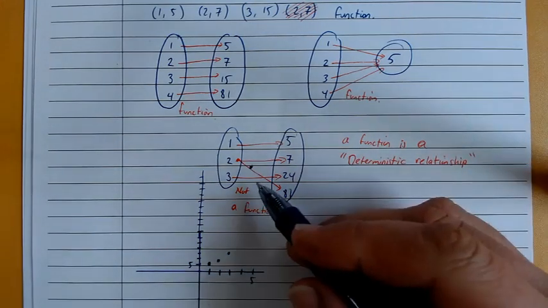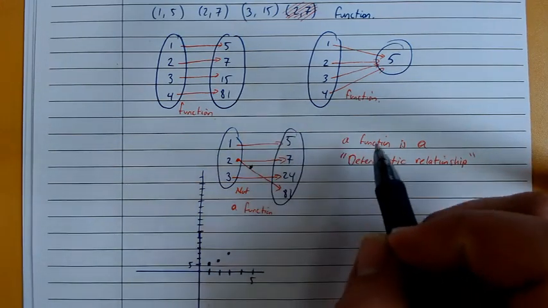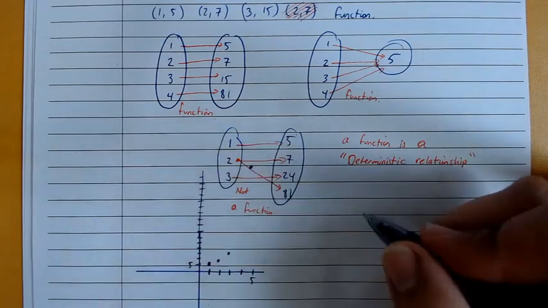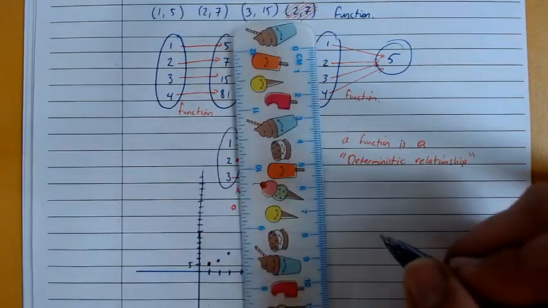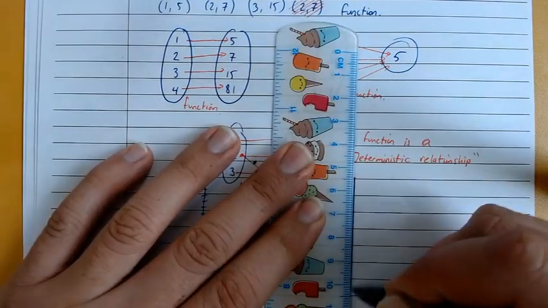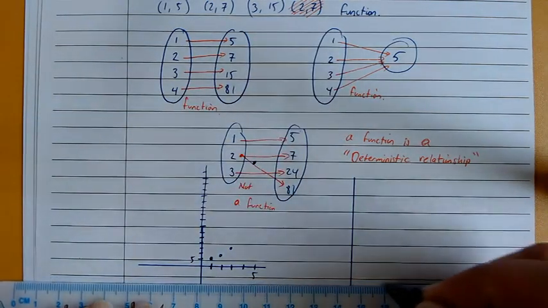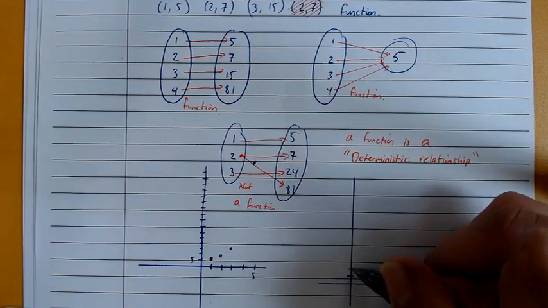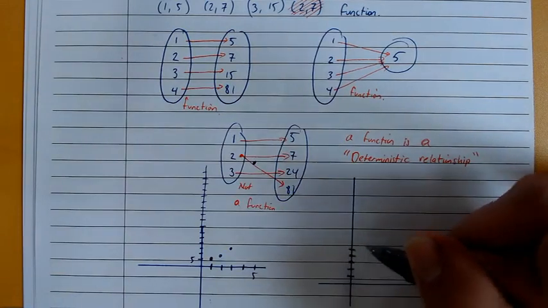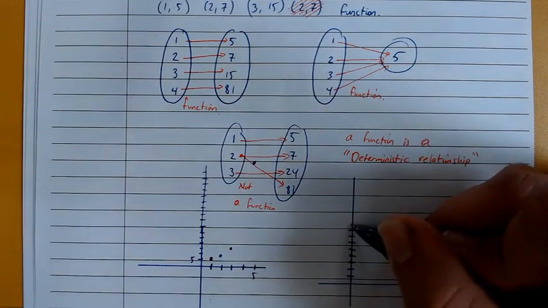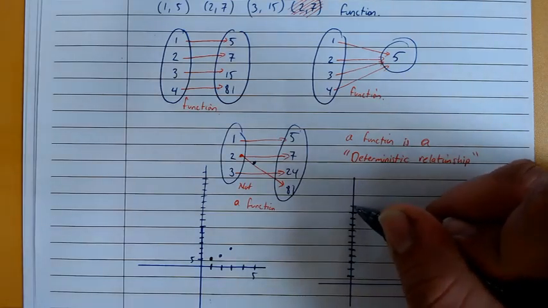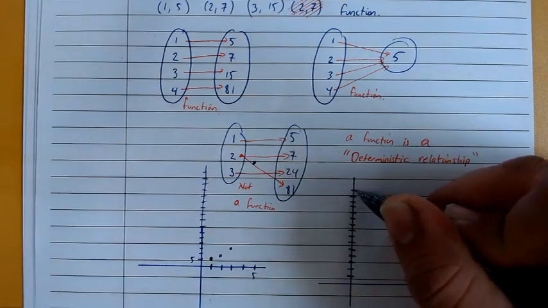Okay, so now let's compare this to our not a function. See if I can give myself a little bit more room here. Let's see, 5, 10, 15, 20, 25, 30, 35, 40, 45, 50, 55, 60, 65, 70, 75, 80.